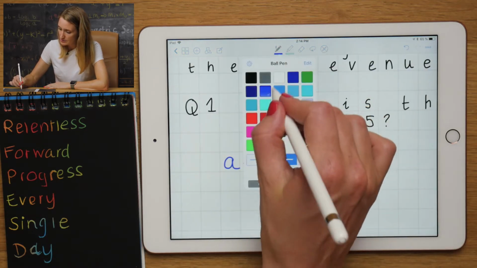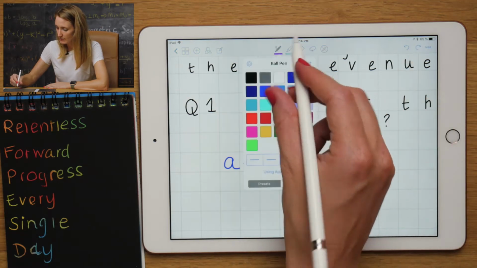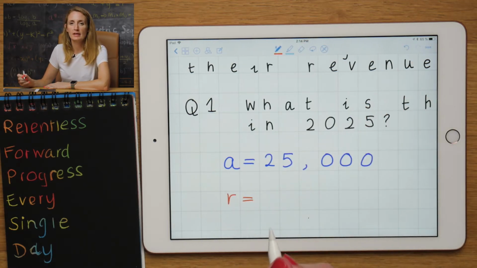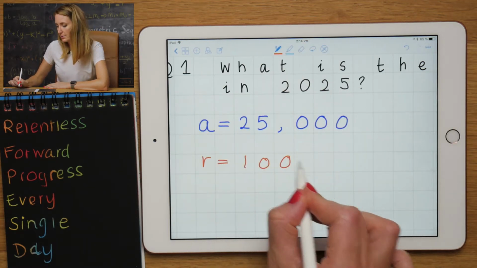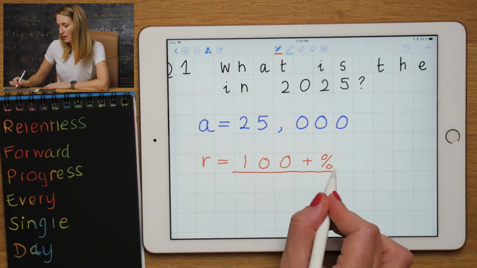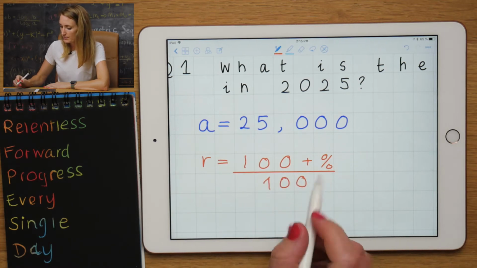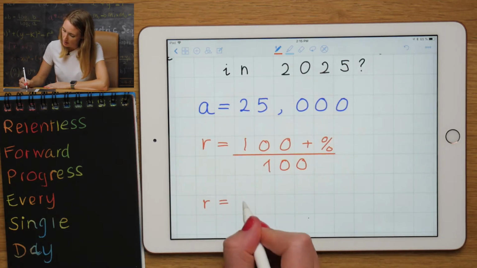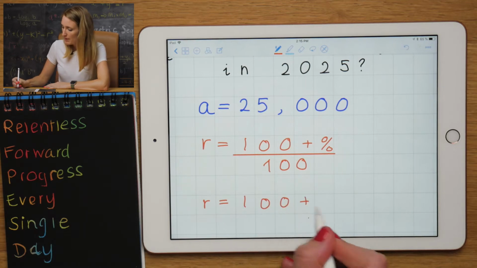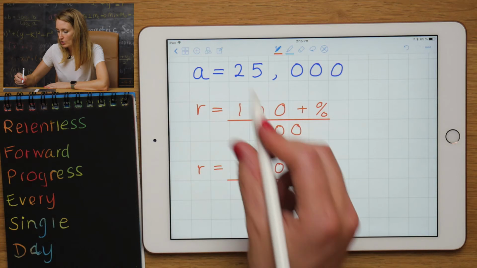The R is a little bit trickier when you talk about percentage increase and percentage decrease. Now in this case we've got a 3% increase. R is 100 plus the percentage increase, divided by 100. So in this case the percentage increase was 3%, so my R will be 100 plus 3, it's gone up by 3%, divided by 100.